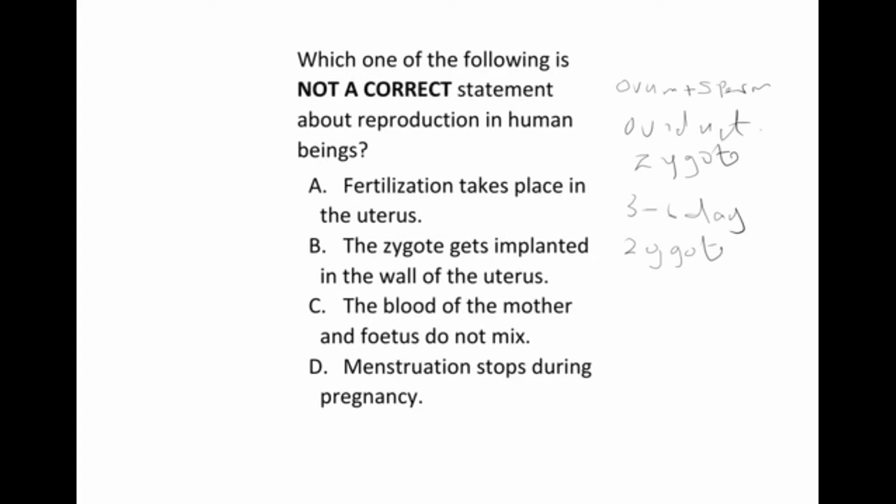When it reaches the upper part of the uterus, it attaches itself there. That attachment is known as implantation, and it changes from being a zygote to an embryo. Then after implantation has taken place, the embryo develops a finger-like structure called placenta.